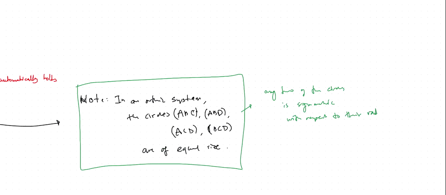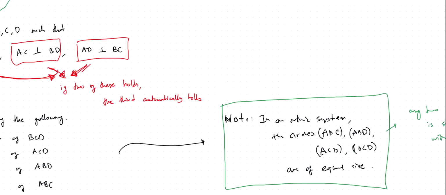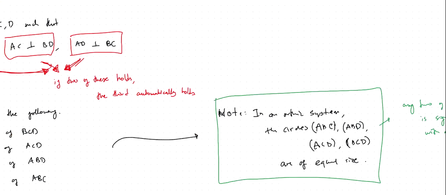Obviously, the radical axis of ABC and BCD is, for example, BC, because their intersections are there. So this is easy to prove. Moreover, since these circles are of equal size, the 9-point circle is half of them.